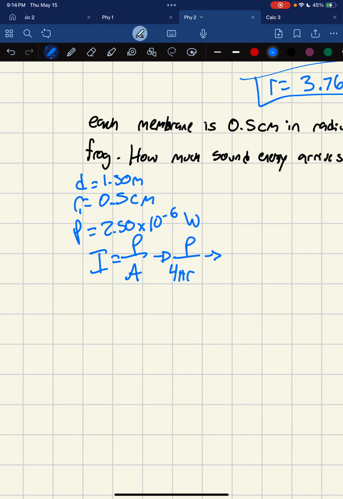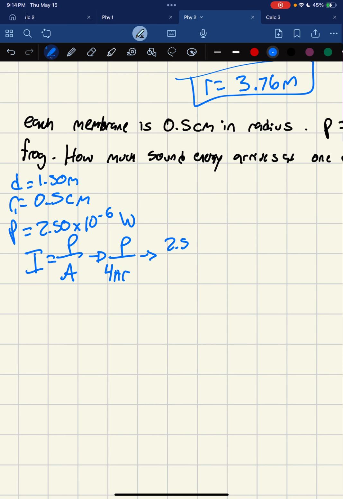So I'm given power, so I'm going to calculate this. Wait, let me read this again.